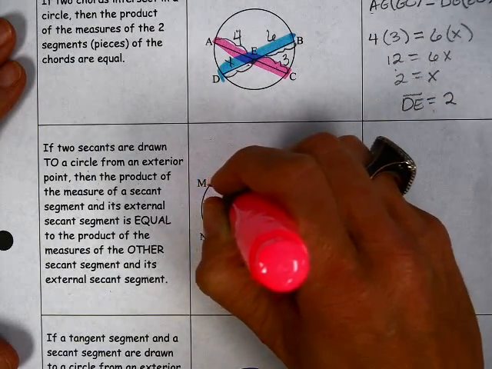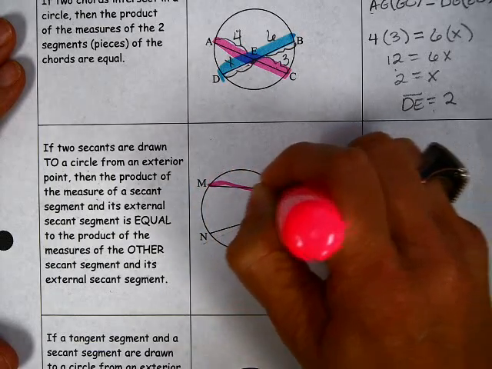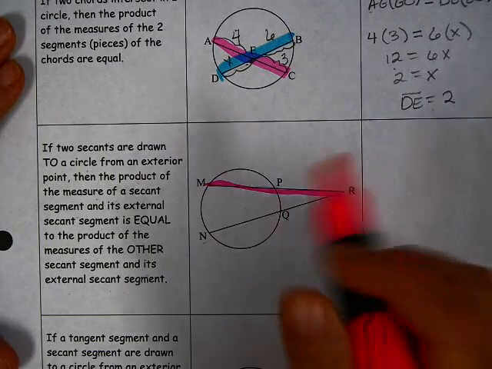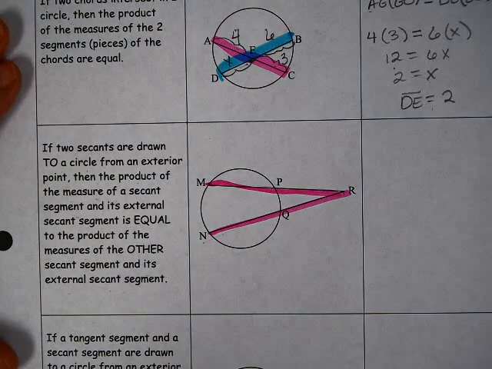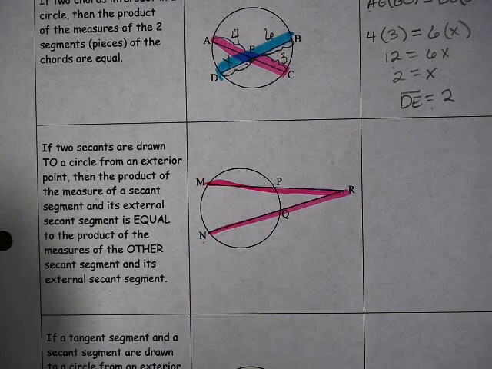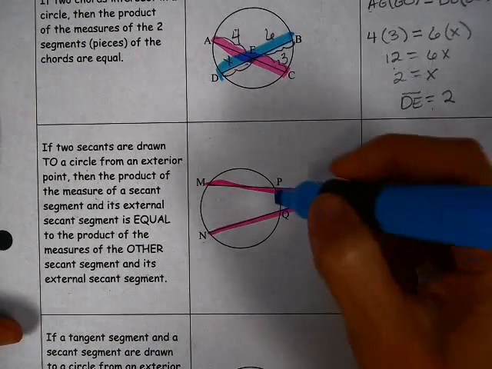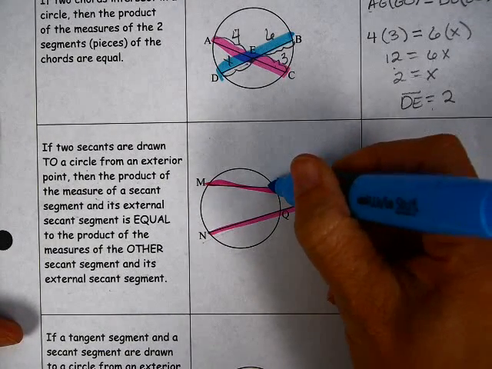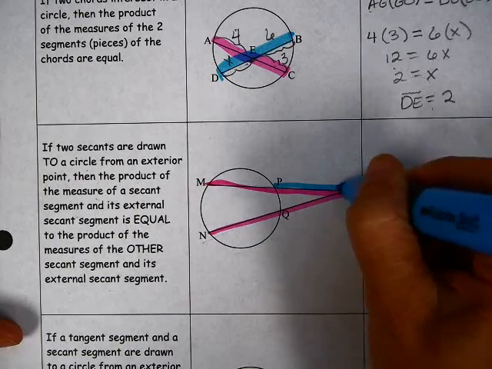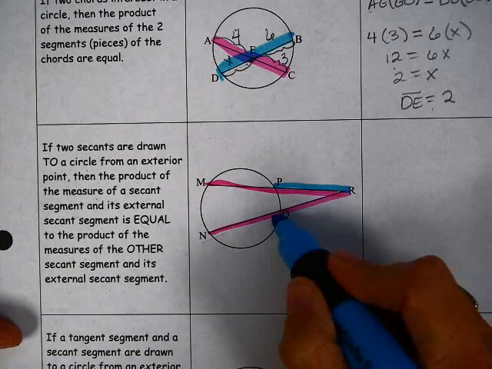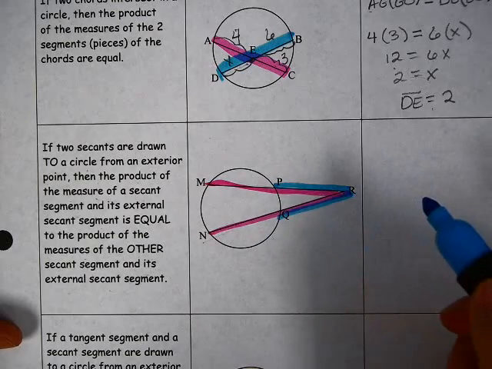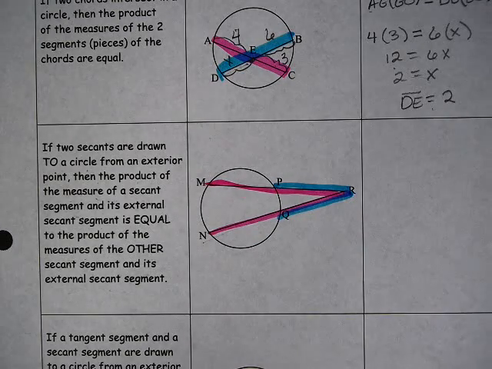MR is the entire secant that we're looking at, the entire segment. NR is the entire secant that we're looking at over there. If we take that length and multiply it times the length of its external part, then we can put them equal to each other. That's what we're looking at here.